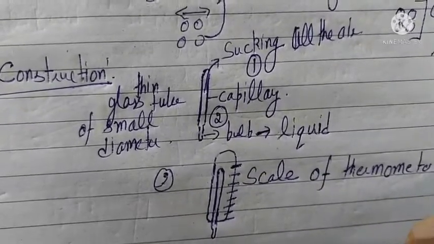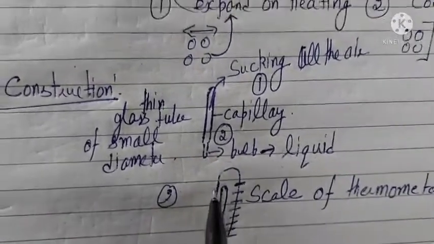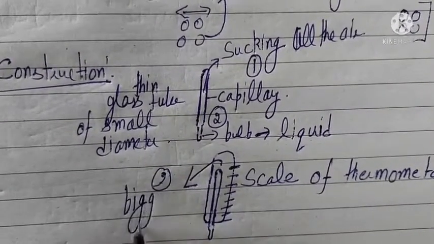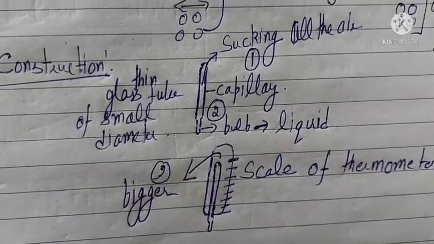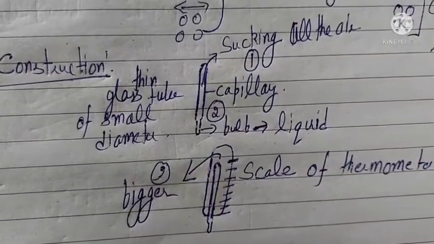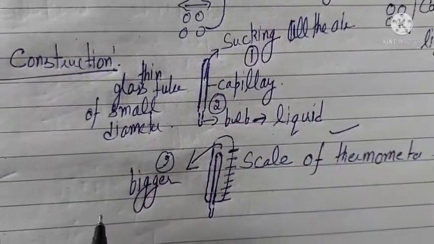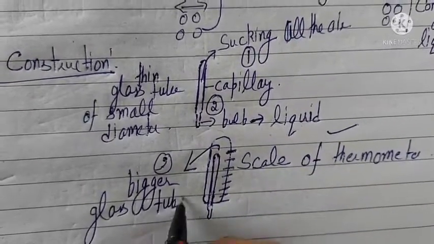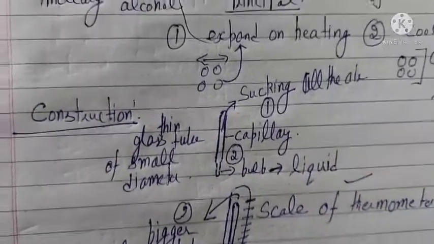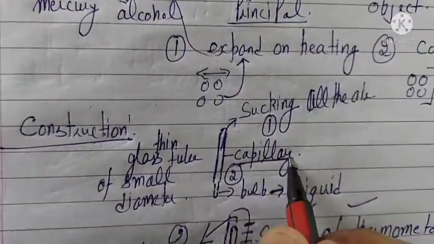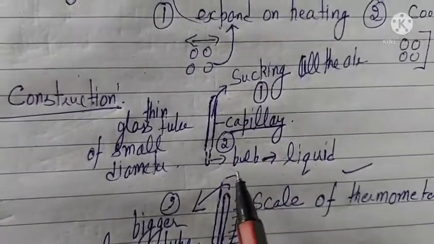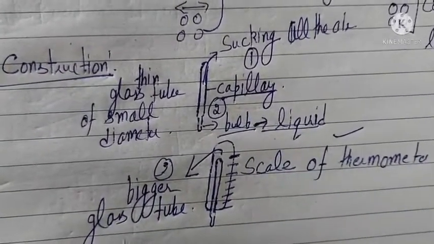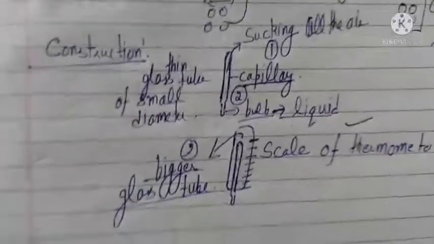So this capillary tube is enclosed in a bigger glass tube, on which some marks are printed. That is the scale of the thermometer. So this is the construction of the thermometer. First is the capillary, second is the bulb, and third is a bigger glass tube.